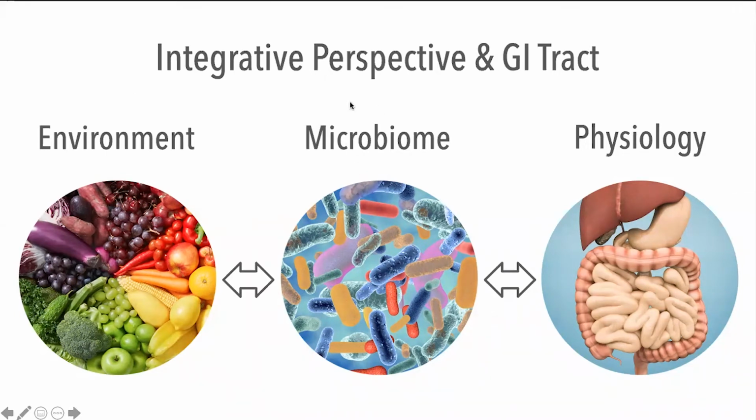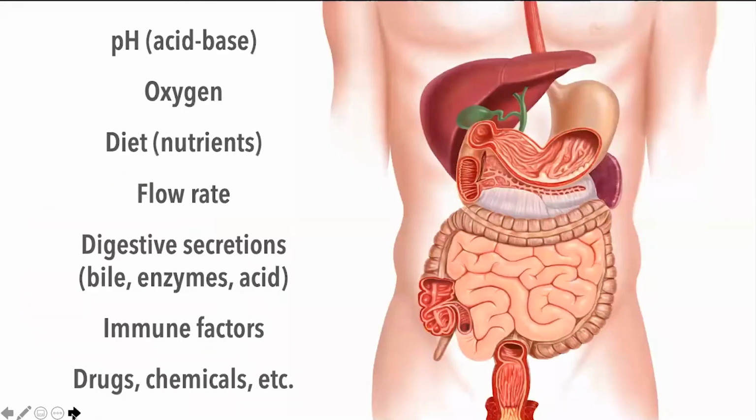And GI-MAP is really all about this second part of the equation, helping clinicians understand potential interactions between the microbiome and gut physiology. So a key thing to understand here is there are a lot of different aspects of physiology in the gut that really come into play. And once we understand them at a certain level, that can help us understand how to interpret a stool test and what it may mean as far as these underlying issues.